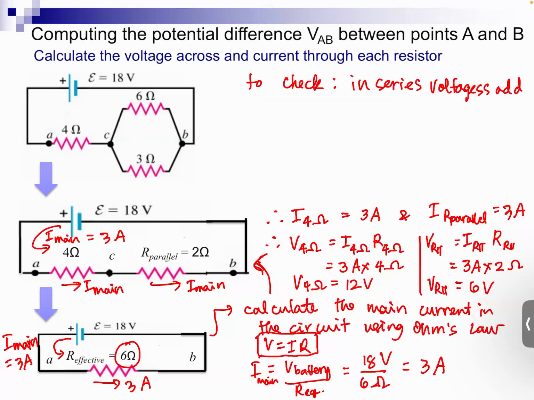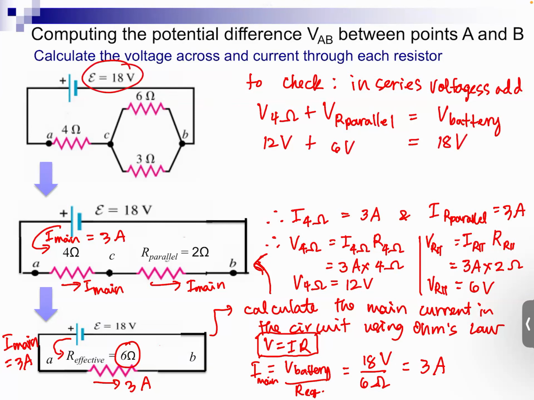Therefore, the voltage across the 4 ohm resistor plus the voltage across the R parallel resistor should be equal to the voltage of the battery or the source. You've calculated that the voltage across the 4 ohm resistor is 12 volts and the voltage across the R parallel resistor is 6 volts. And indeed, 12 plus 6 is equal to 18 volts, which is the voltage of the battery as given in the circuit.